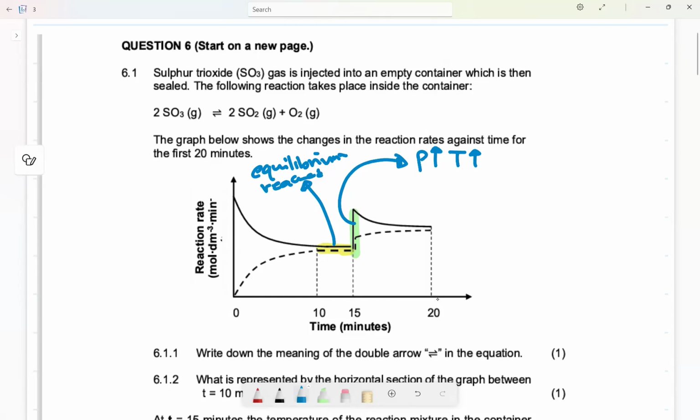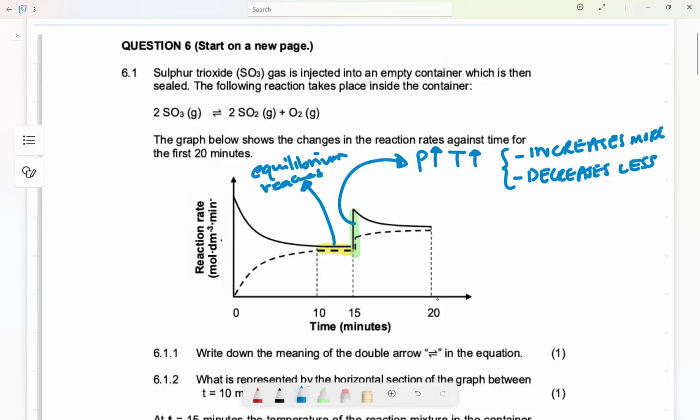So the question is, how do we know which one is which? Which one was favored? The one that is favored is the one that increases more. Remember I said the one that decreases less is favored, but in this case we are talking about an increase, so the one that increases more is favored.